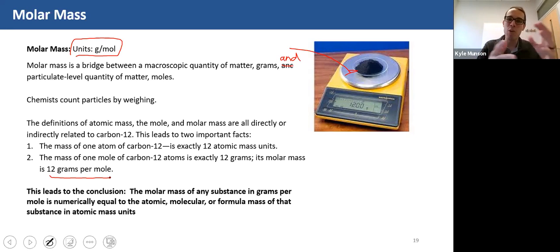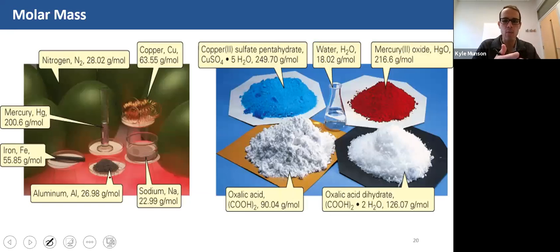So all that work we did on calculating atomic mass units, formula mass, all of those things, they all are directly transferable here. So it's pretty much the same thing. So let's do some examples. They're numerically equal. Before we do that though, here's just a bunch of compounds with all of their molar masses listed here in grams per mole.